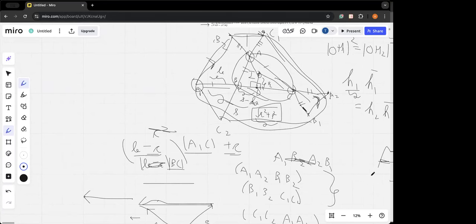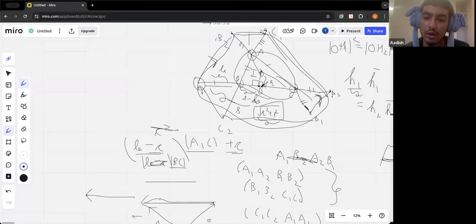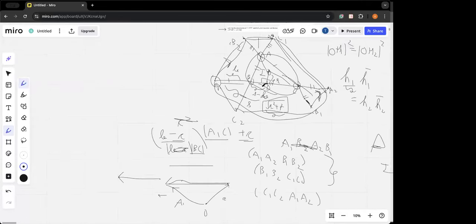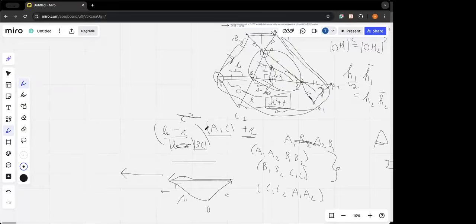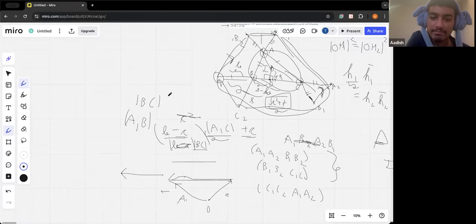We know in what ratio B divides A1C. Once again, you're saying using the section formula, right? Yes. But the section formula will also involve the magnitude BC, magnitude A1B, and just having magnitudes of lengths in that formula is bad.